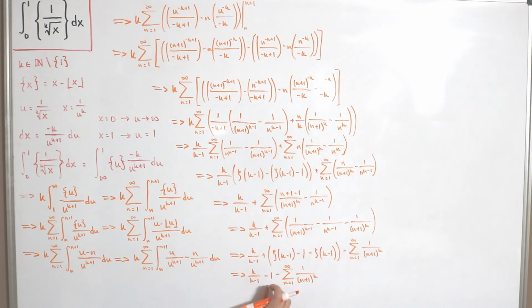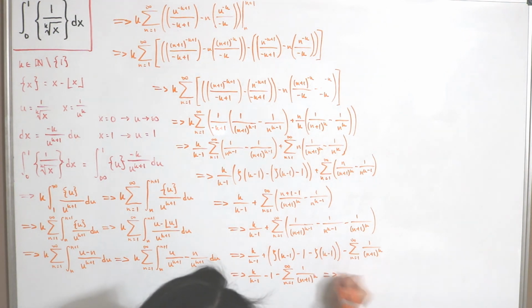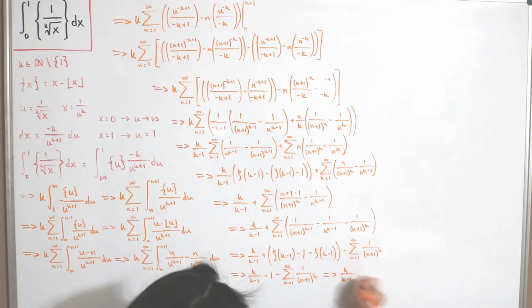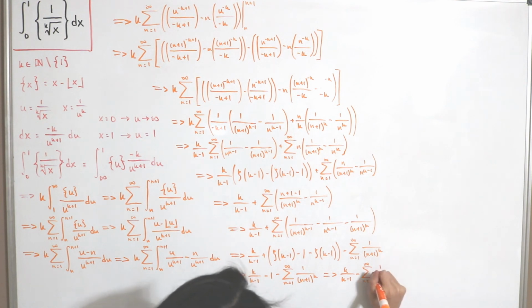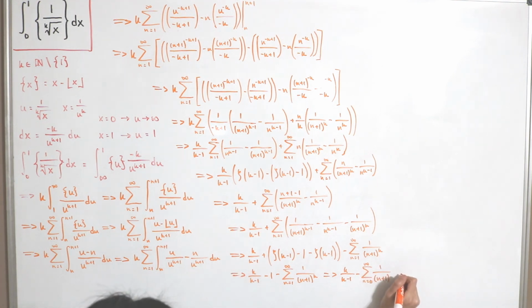Really, we have the same thing from over here, so this negative 1 can just go back into our sum, but our index will change. So really, this is k divided by k minus 1, and then subtract our infinite sum starting at n equal to 0 of 1 divided by n plus 1 to the power k.